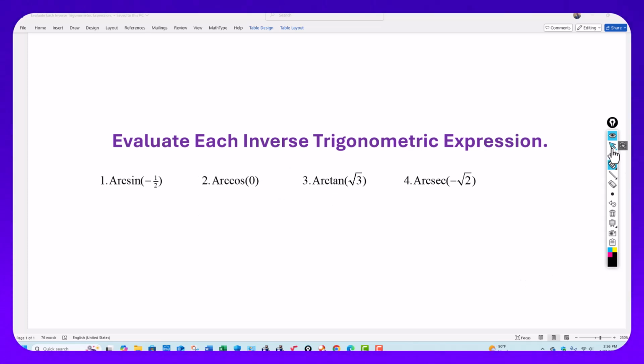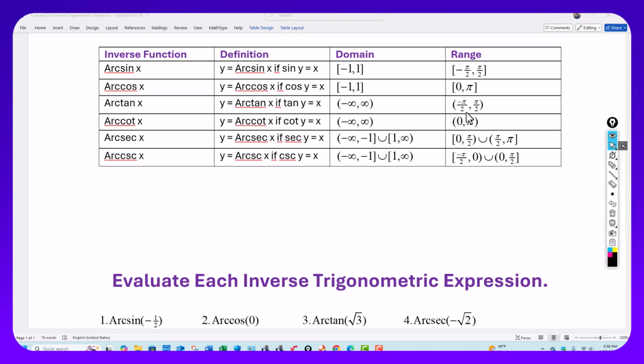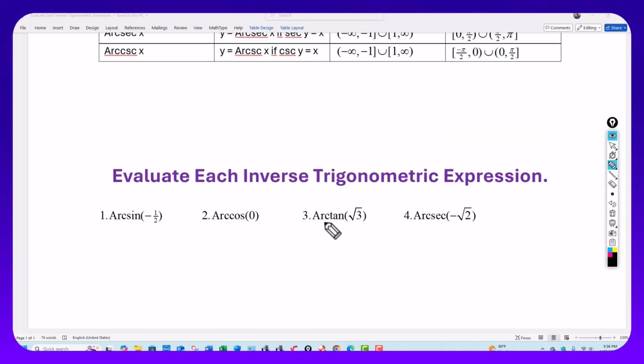Now for the tangent, there's its domain. And in this case, the range is from -π/2 to π/2, not including the values of -π/2 and π/2. So the angle has to be between those two values. Again, if I call this y, I'm looking for an angle y such that tangent of y is equal to the square root of 3, all in the appropriate range.